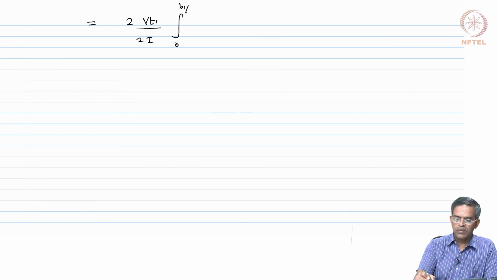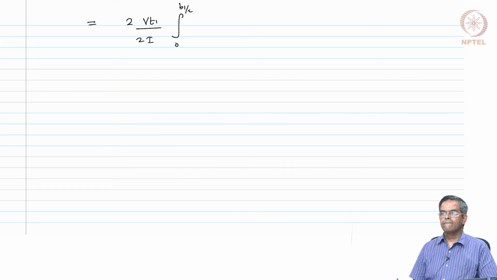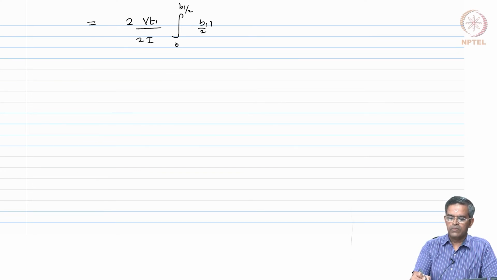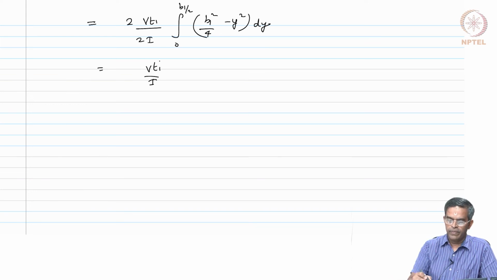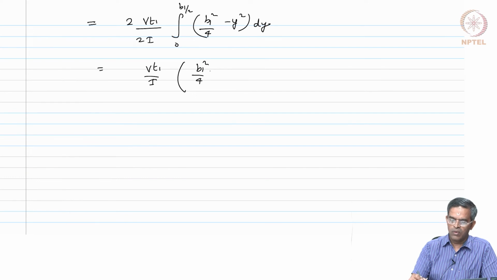So, we will simplify this equation. Which will now become 2 V T1 by 2I of integral B1 square by 4 minus y square of dy, am I right, which is going to be V T1 by I, B1 square by 4 of y minus y cube by 3, limits varying from 0 to B1 by 2.